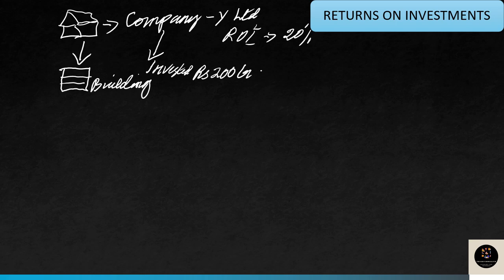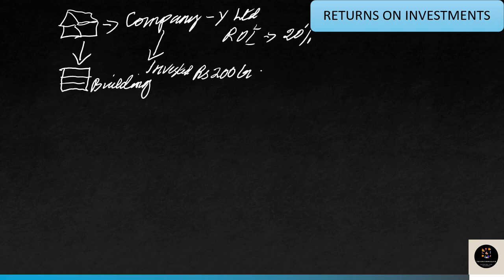So now fixed assets are 100 crore and the sales is 50 crore and profit margin or profitability is 20%.